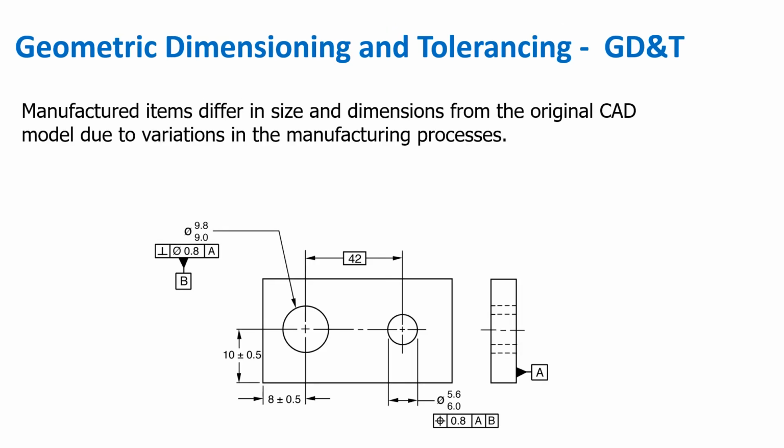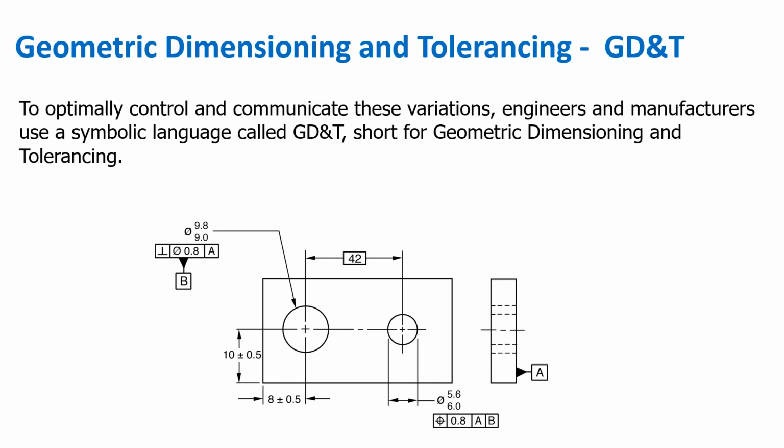Here we have an example of regular tolerancing combined with geometric dimensioning and tolerancing. In this example, we've got tolerances assigned to perpendicularity and to hole position.